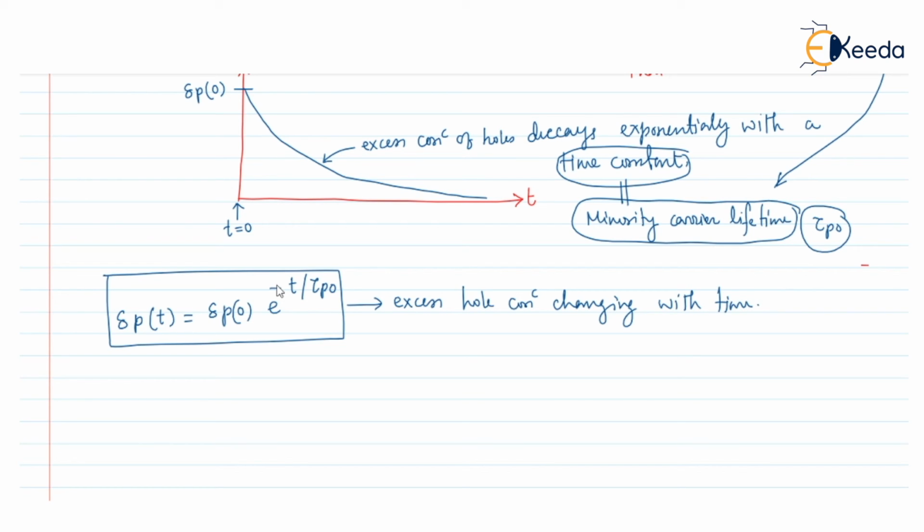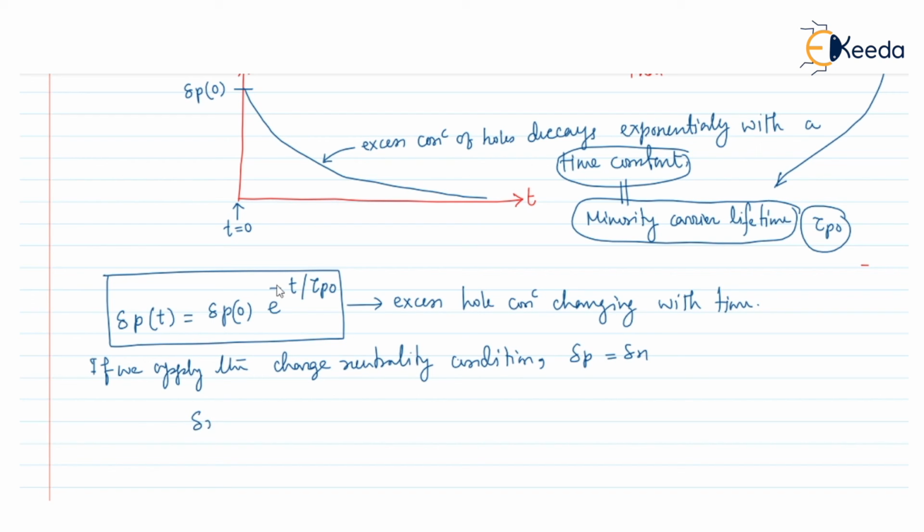But if we apply the charge neutrality condition, then we can write that delta p is equal to delta n, that is, the excess carrier concentration of holes should be equal to that of electrons.